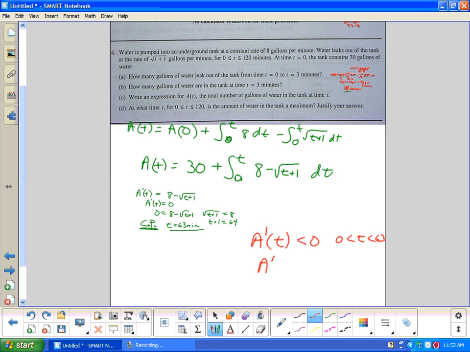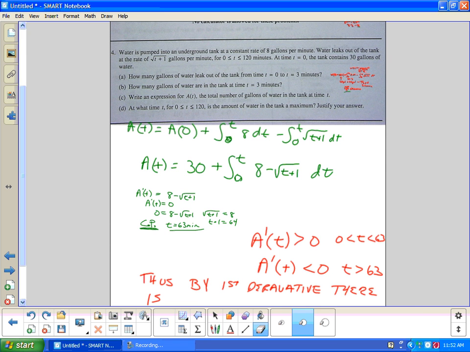A prime of t is greater than 0, and less than 0 for time greater than 63. Thus, by the first derivative rule, there is a maximum. This is what the AP test shows.